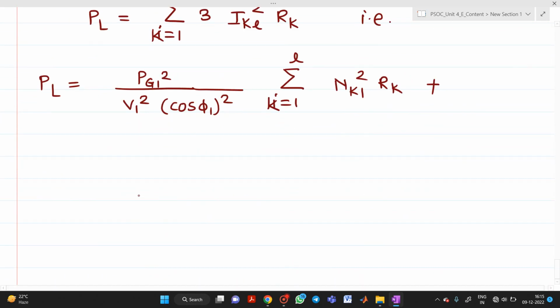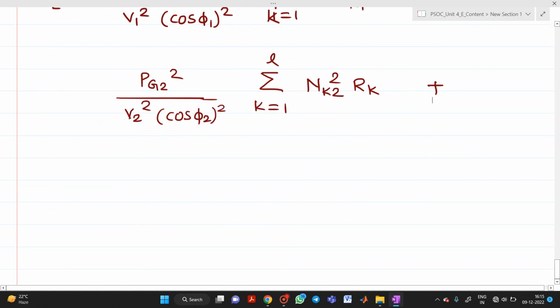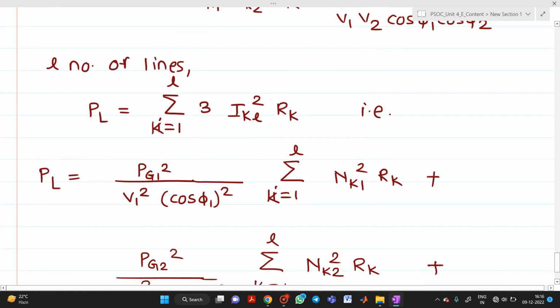So I can say Pg2 square divided by V2 square cos square phi 2, summation k equal to 1 to L nk2 square into Rk, plus, now for the remaining term you have to write these two, Pg1 Pg2, V1 V2, cos phi 1 phi 2, and before nk1 nk2 Rk we have to write a summation term.